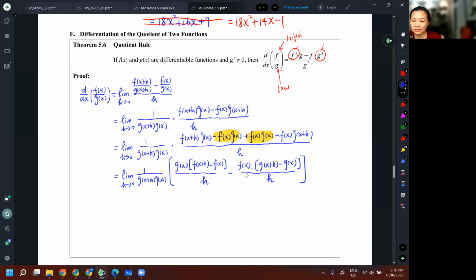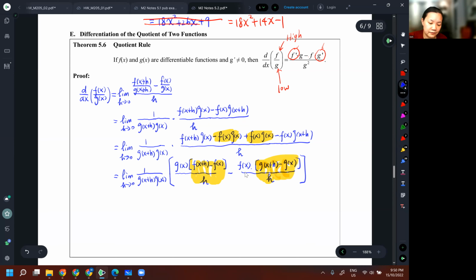Right now, I hope you see a few parts like this part. This part is df. This is d high. This part is d low.